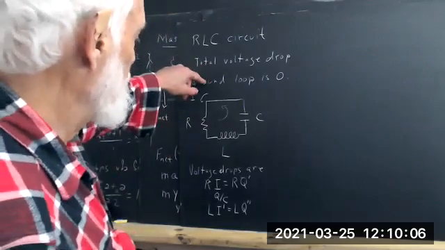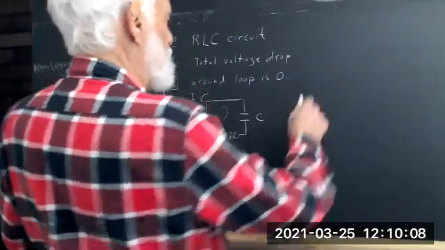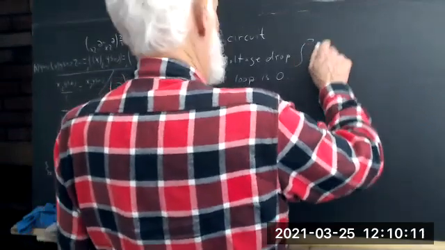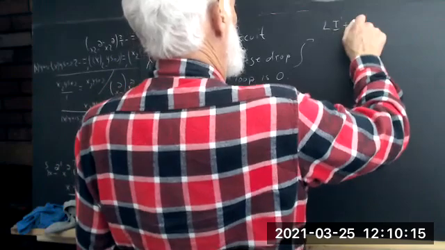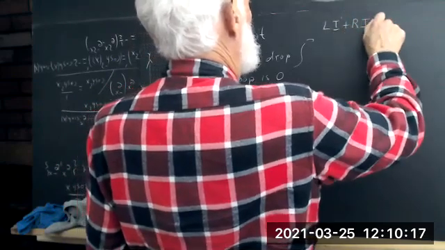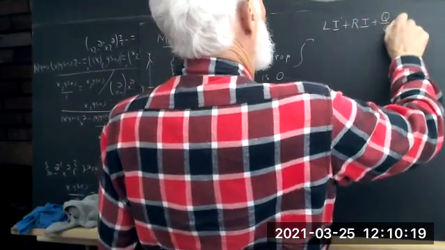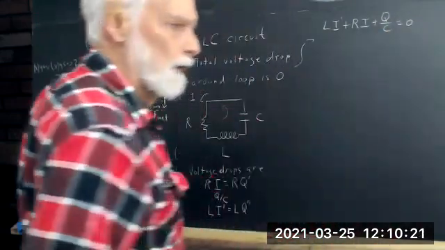Now, total voltage drop is 0. So L I prime plus R I plus Q over C equals 0.